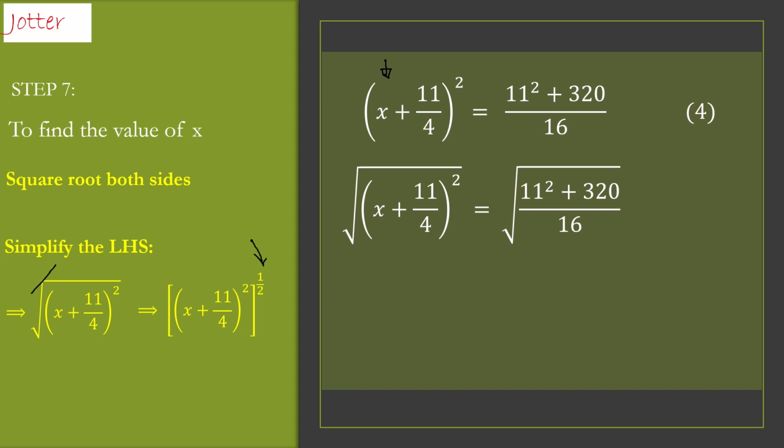And using indices, we have a to power n bracket to power m equal to a to power n m. Opening the square bracket, we're going to have 2 multiplied by half, and 2 divided by 2 will give us 1, and so this becomes x plus 11 over 4.